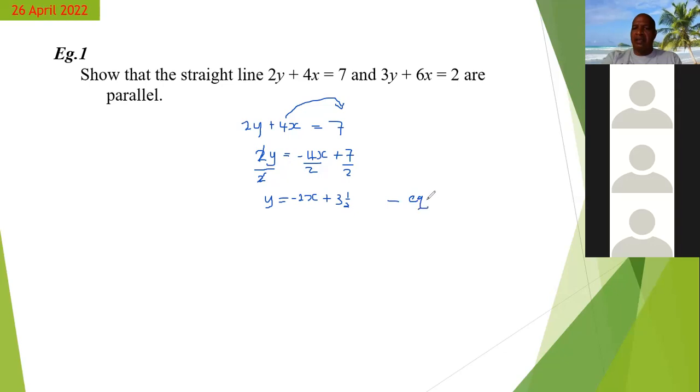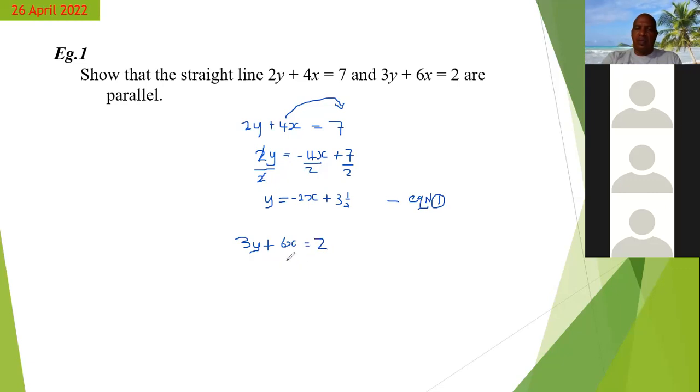All right, so next we want to write the next equation in the same form. If we take the second equation, we would have 3y plus 6x equal to 2.